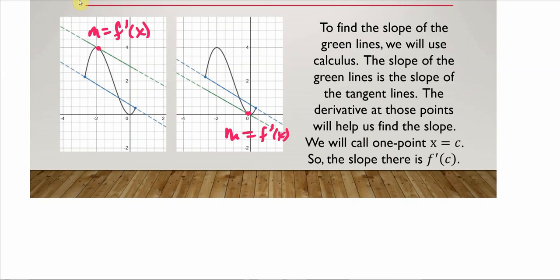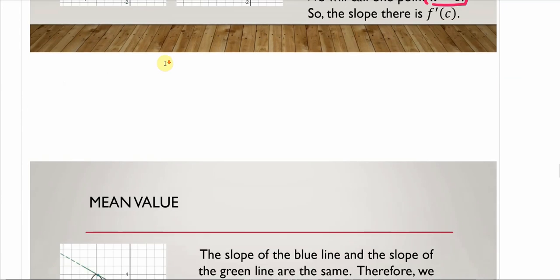So I have two dots where my slope can be easily found using the derivative. I'm just going to pick one of them and call it C. My x coordinate here is C. So what's my slope going to be? My slope there is going to be f prime of C.